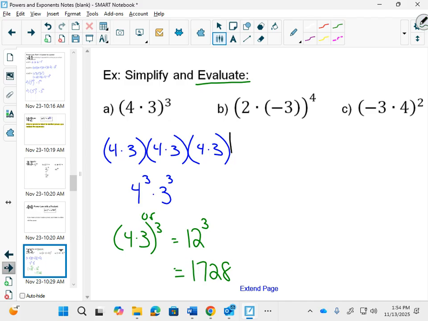And in part B, we could do this as 2 times negative 3 is negative 6 to the 4. And we could type that into our calculator. And this, I think, is the 1296. Maybe I got this one right.